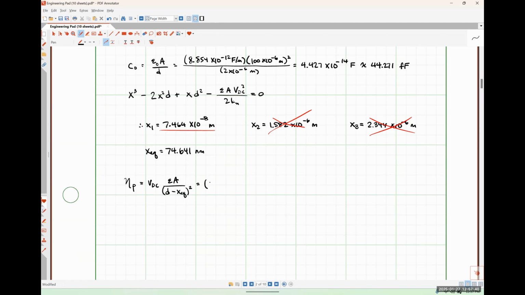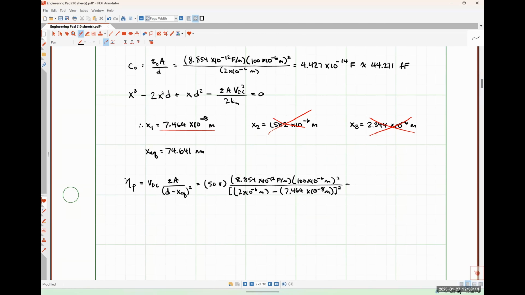Just going to substitute in numbers here. 50 volts, 8.854 times 10 to the minus 12 farads per meter, 100 times 10 to the minus 6 meters quantity squared, over 2 times 10 to the minus 6 meters minus 7.464 times 10 to the minus 8 meters.